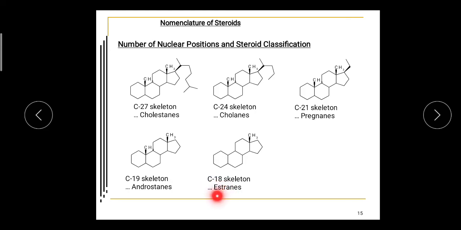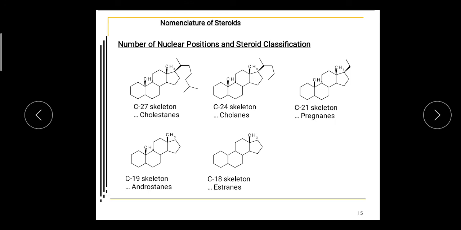The C18, with one methyl carbon, is called estrane. C19, which means two carbons, 18 and 19, is called androstane. And if a side chain having 2 carbons is present at the C17 position, this is 20, this is 21, so the C21 skeleton is called pregnane.